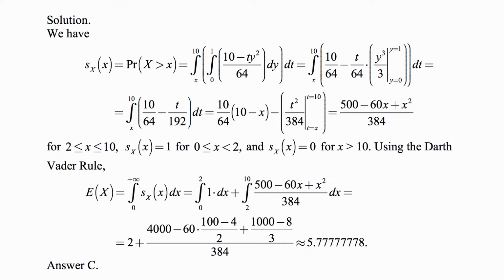And then by noting that 64 times 6 is 384, we can find a common denominator of everything, which is 384, and do the evaluation of everything.